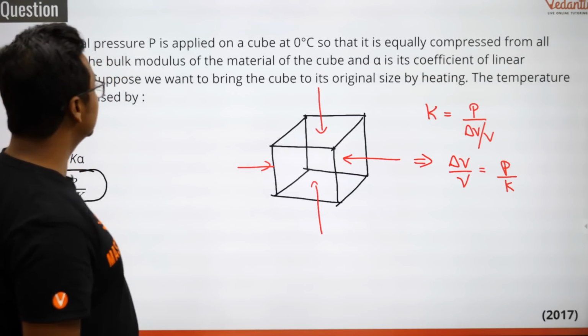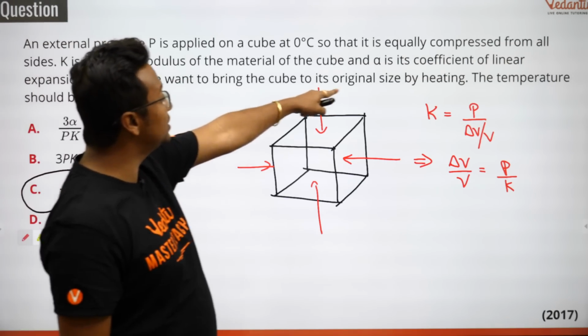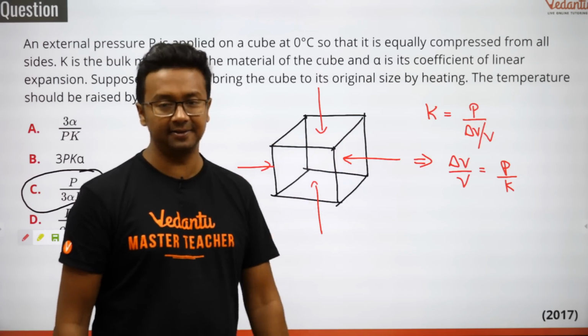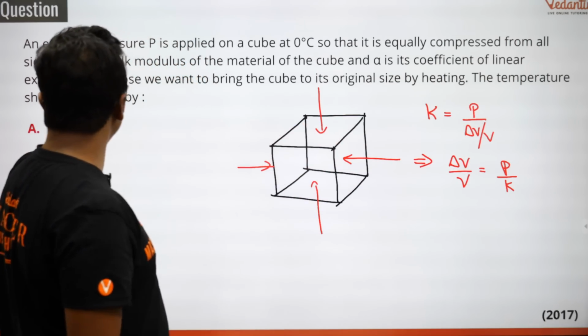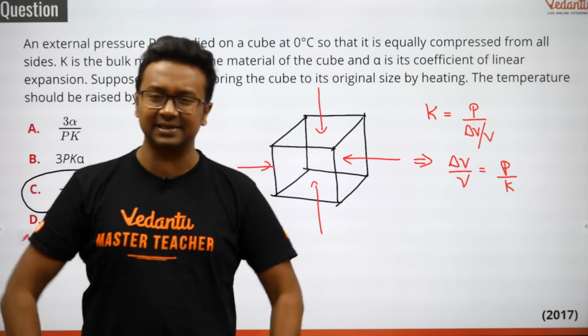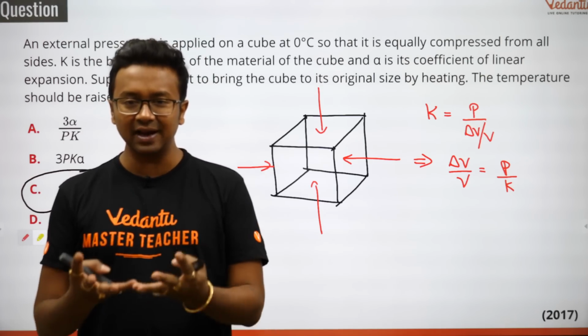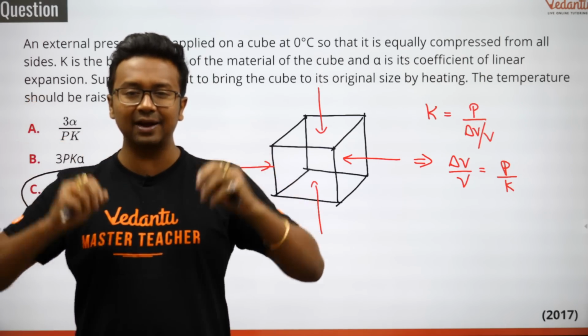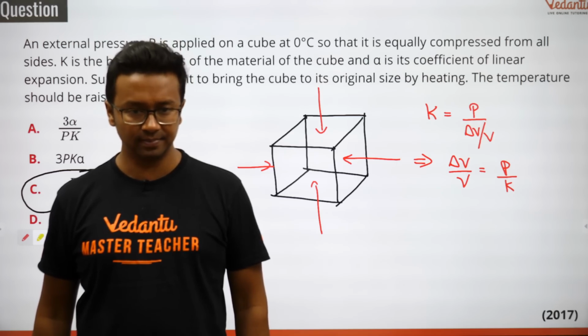Now here, suppose we want to bring the cube to its original size by heating. Then the temperature should be raised by how much? So first of all, due to pressure, it is getting compressed, and then we are trying to heat it up in order to bring it back to its original volume.